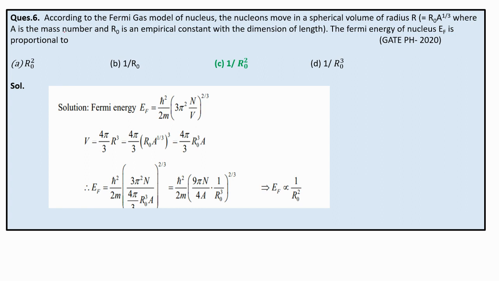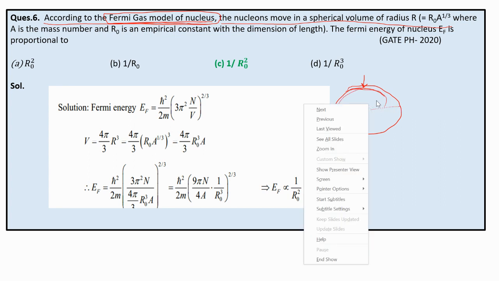First I will read the question. According to the Fermi gas model of nucleus, the nucleons move in a spherical volume of radius this. This is the nucleus, and they are saying this nucleus is spherical in shape, and nucleons, neutrons and protons, are moving inside it.